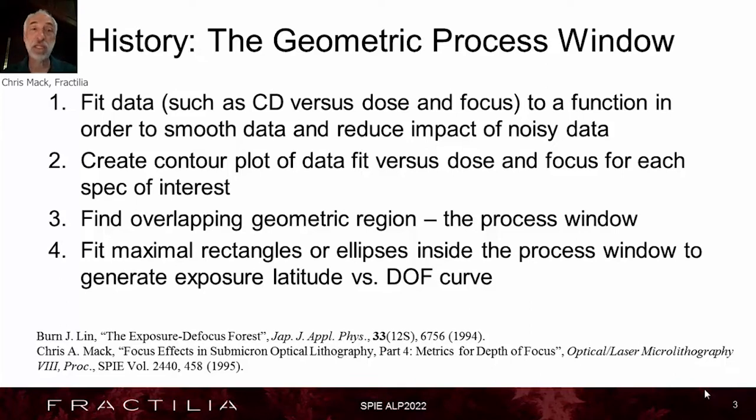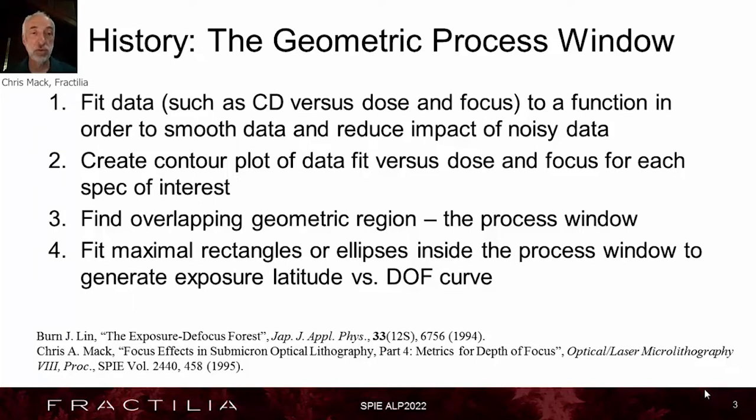And the four steps go something like this. First, we take our data and we fit it to some kind of a function, usually a particular polynomial style function. We do that in order to smooth the data and reduce the impact of noise in the data, because none of our data is perfect. So we fit our functions, usually CD, but sometimes other variables as well, and smooth it out. Then we take the output of that function and plot it as a contour plot.